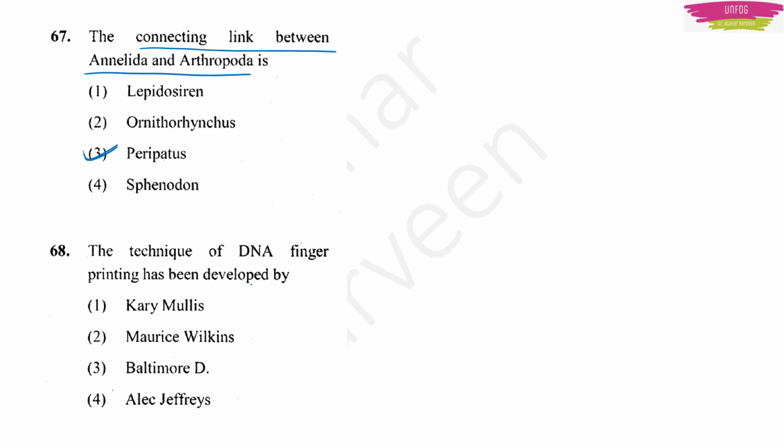Next question. The technique of DNA fingerprinting was developed by option 1 Kary Mullis, option 2 Maurice Wilkins, option 3 Baltimore, and option 4 Alec Jeffreys. So it was actually option 4, Alec Jeffreys, the scientist who gave the technique of DNA fingerprinting.